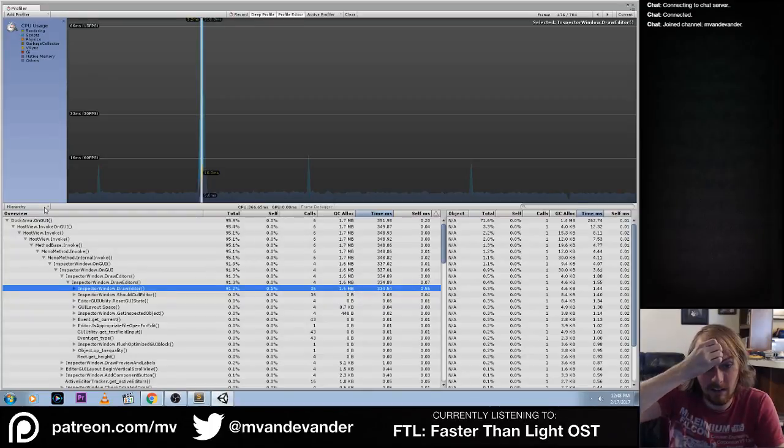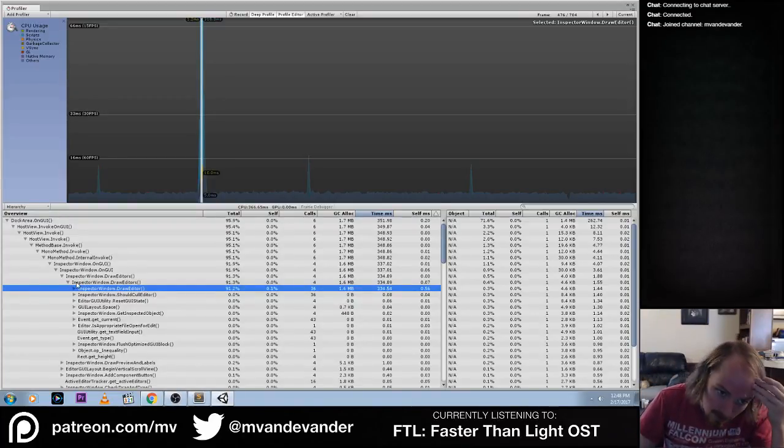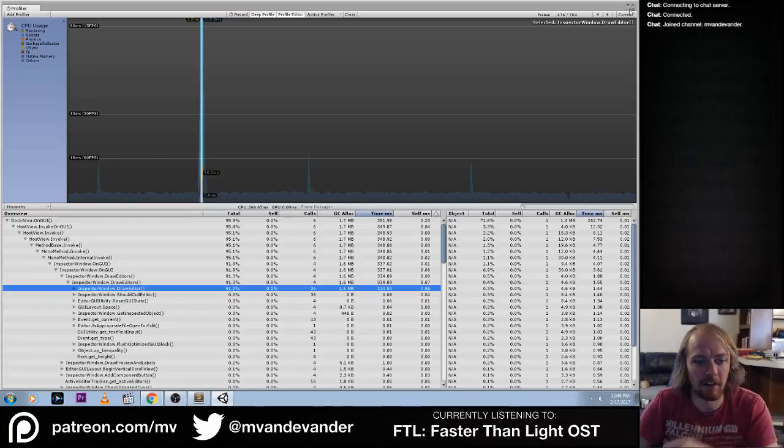I'm really just trying to see where it is spending most of its work. And yet it's doing all this, and I don't know why. It doesn't look like I'm going to be able to profile it and figure out what's going on.